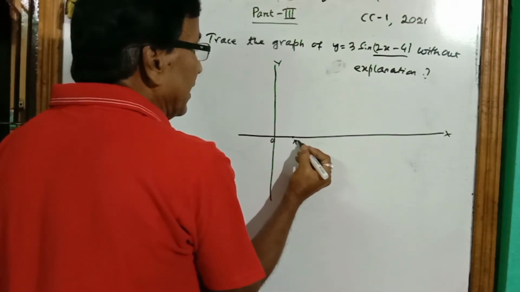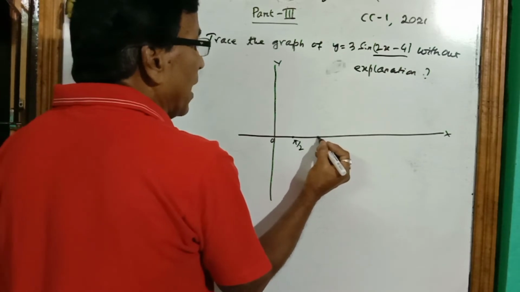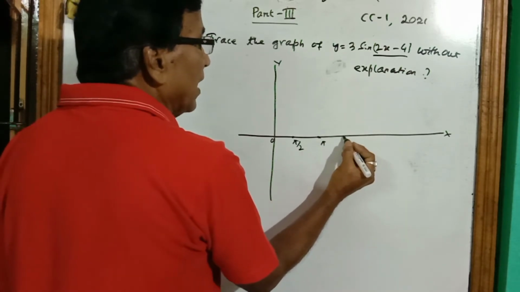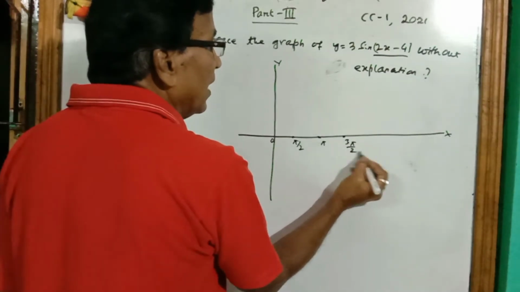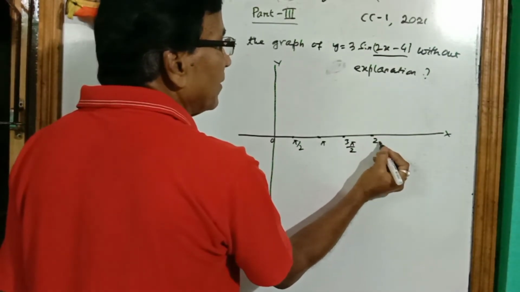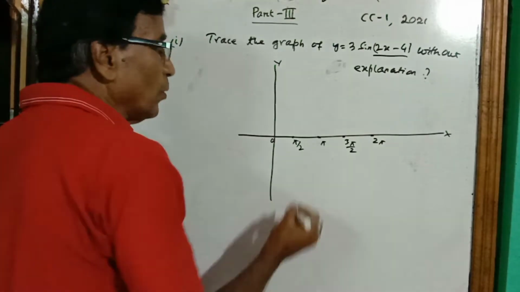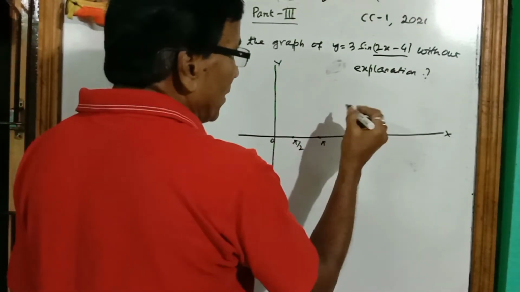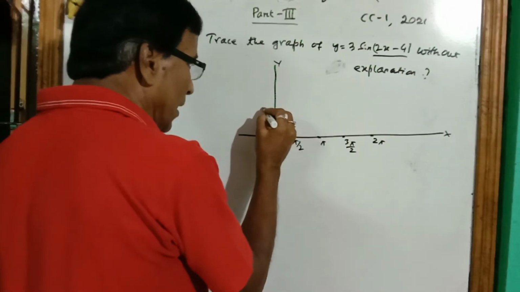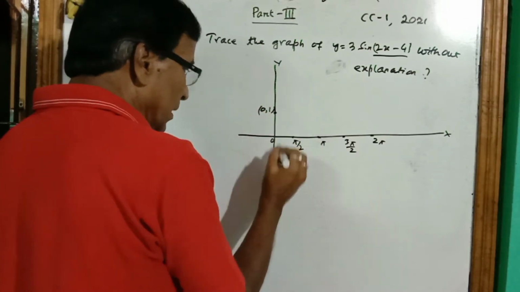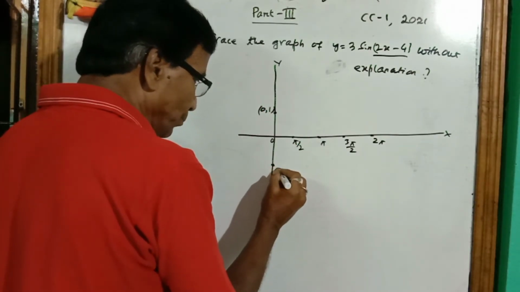This is 90, it is π, it is 3π/2, it is 2π. So we know that the graph of the function y = sin x goes 1, 0, −1.